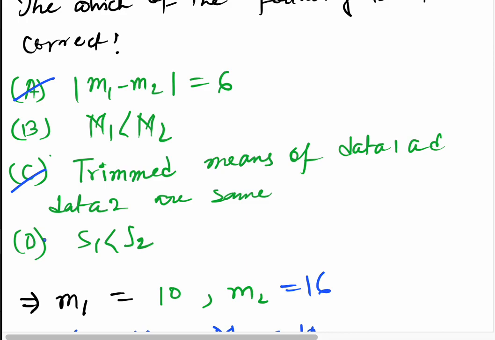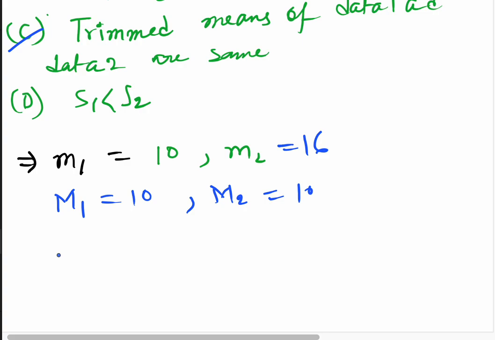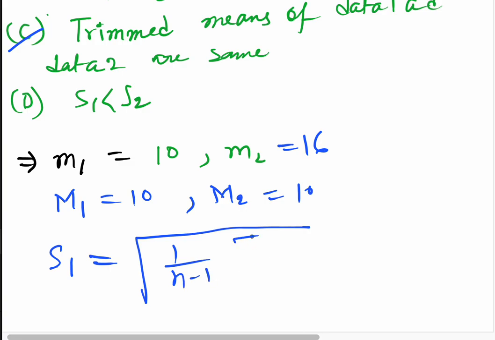And let's see the standard deviation. S1 is less than S2. So if you calculate the standard deviation, it is root over of 1 by n minus 1, summation i equal to 1 to n, xi minus its mean, squared.